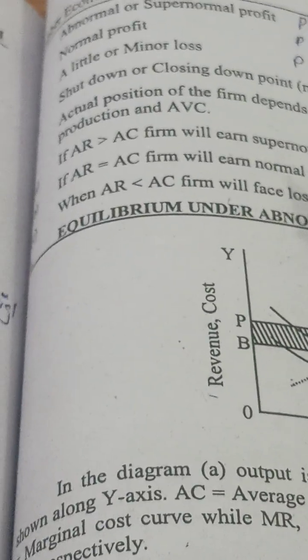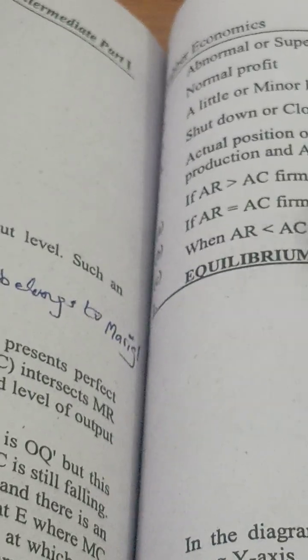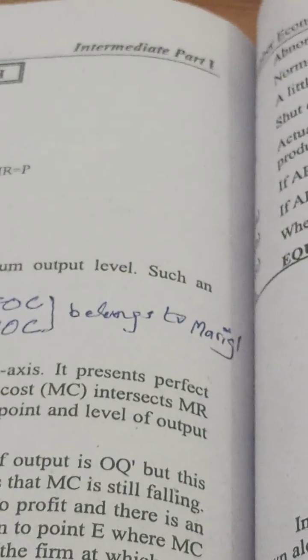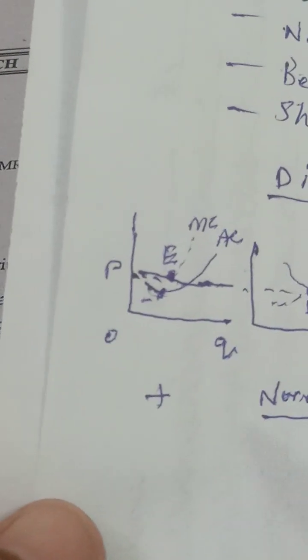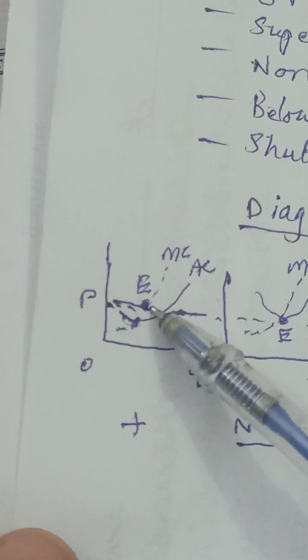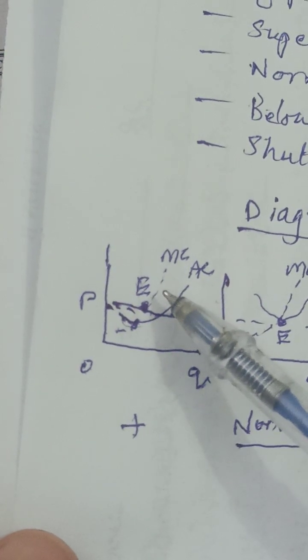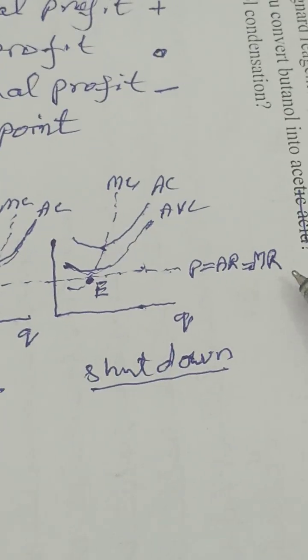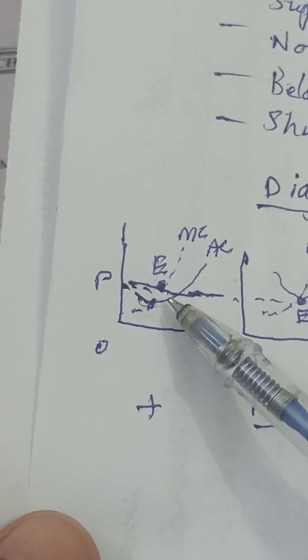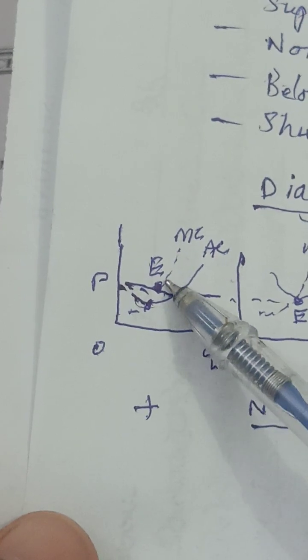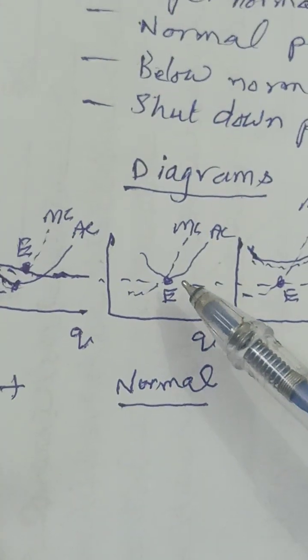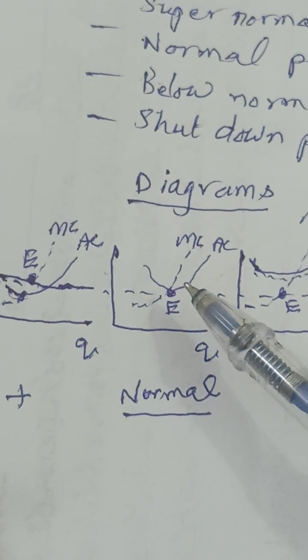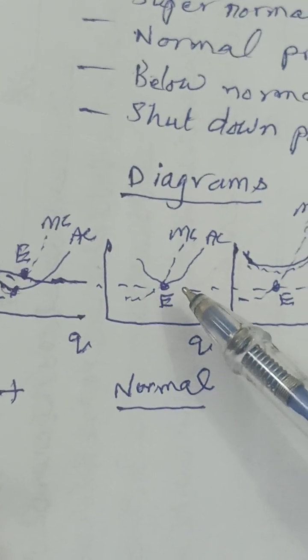The same situation of profits can be explained with the help of different diagrams. For example, look at the first diagram, where at equilibrium marginal cost equals marginal revenue. The price curve is also the marginal revenue curve in perfect competition. At E point, average cost is lower than price, which means there is supernormal profit. At this E point, price is equal to average cost, which means there is normal profit.